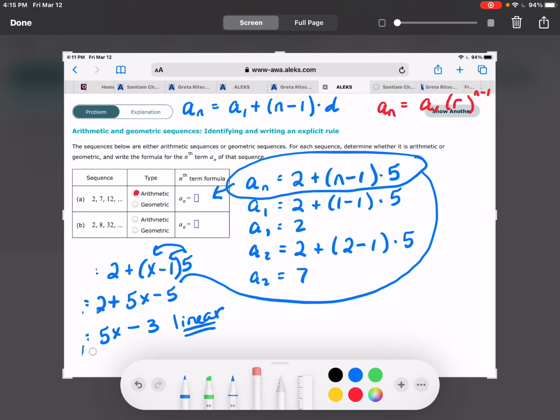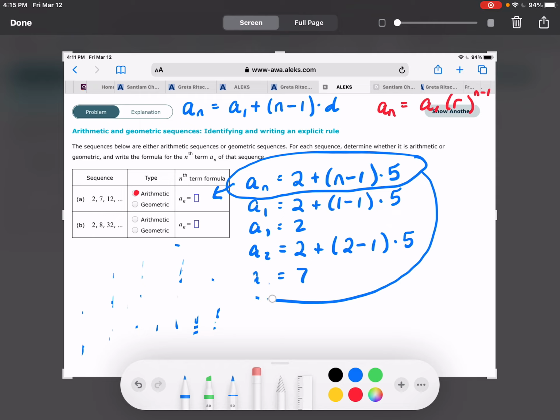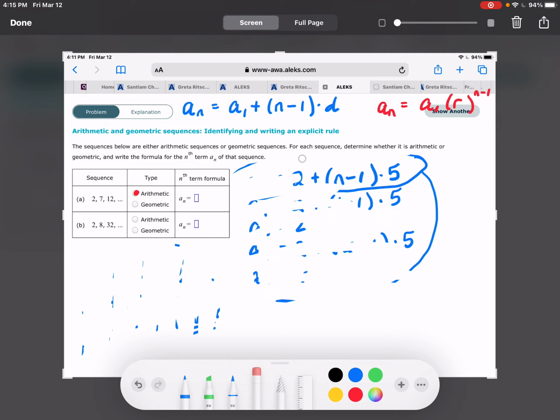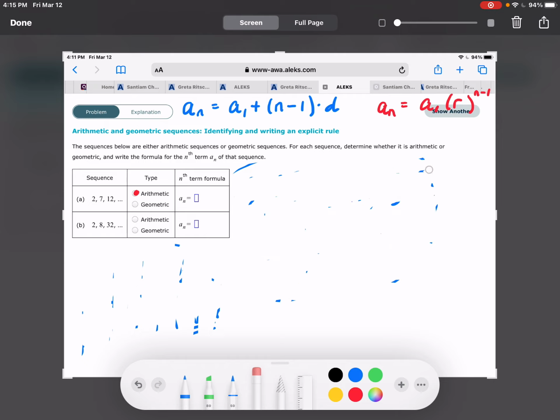So let's look at the next one. What do you want to bet it's going to be geometric? Okay, I guess that's good enough. If I wanted to try the subtracting thing, I notice that's not going to work out very well at all. 8 minus 32 is a big number, and 8 minus 2 is only 6.